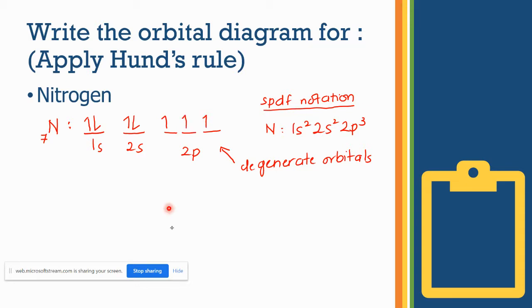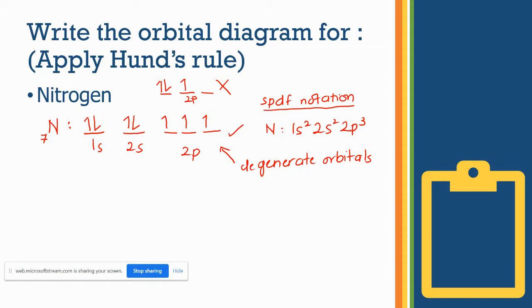So 1, 2, 3, 4, 5, 6, 7. You don't fill the electrons like this. No, this is not right. So you fill the orbitals singly first, before they are paired. And that's it. This is the orbital diagram for nitrogen.